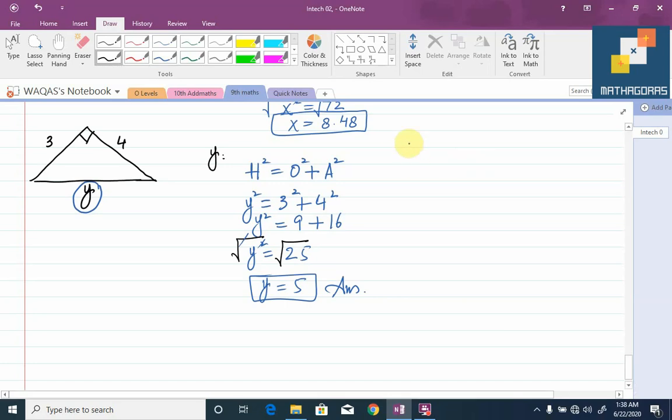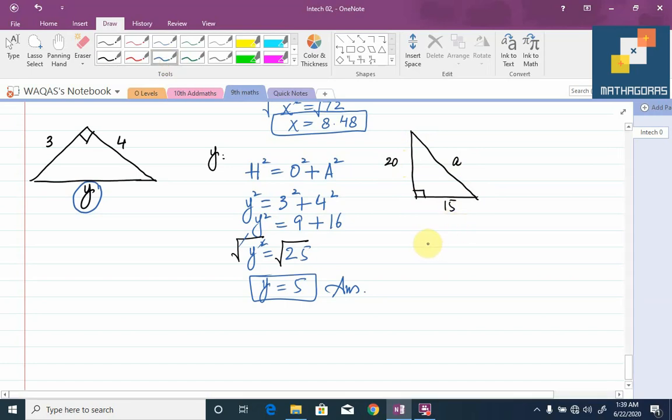Let's say in a right angle triangle, one side is known, that is 20, another side is known, that is 15, and you need to find the value of a. Right? We need to apply Pythagoras theorem.